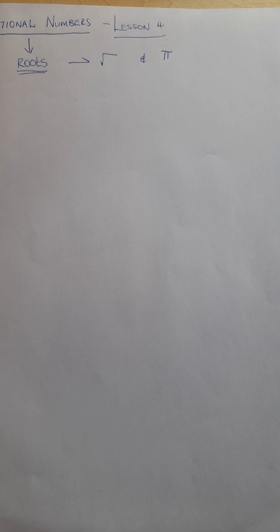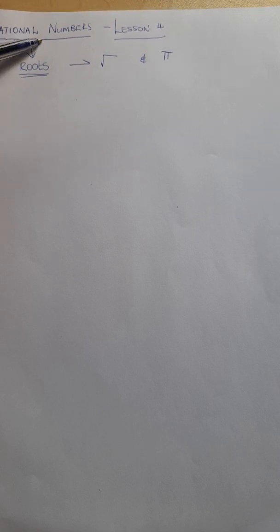We are doing mathematics grade 8 and today we are starting with lesson number 4. We have covered percentage over 3 lessons. We have done determining the percentage, that was lesson number 1.